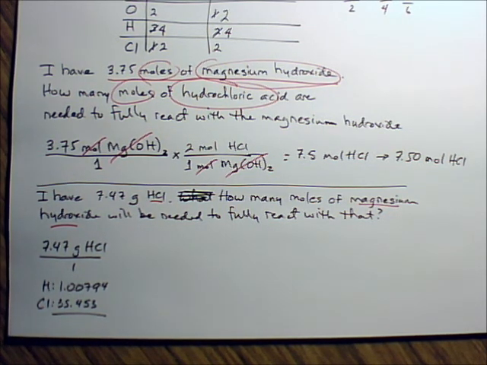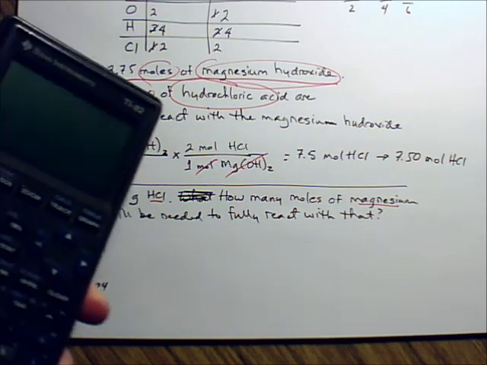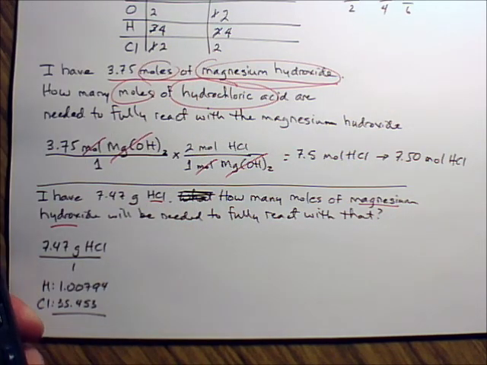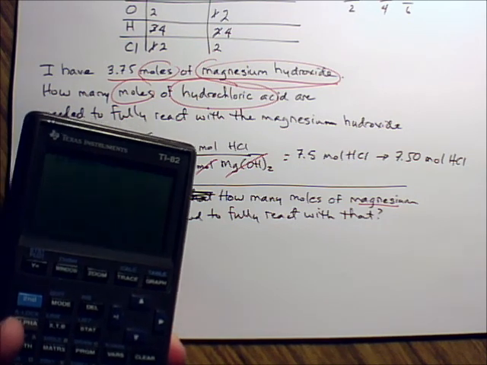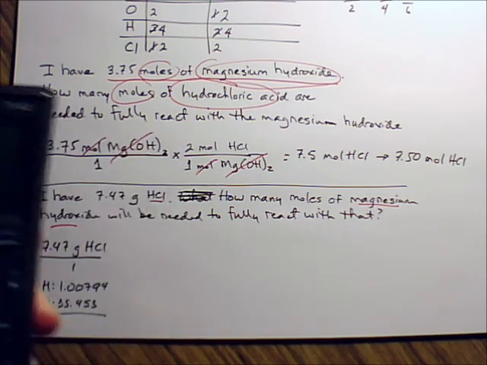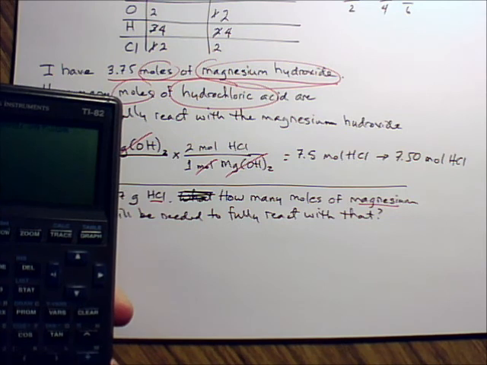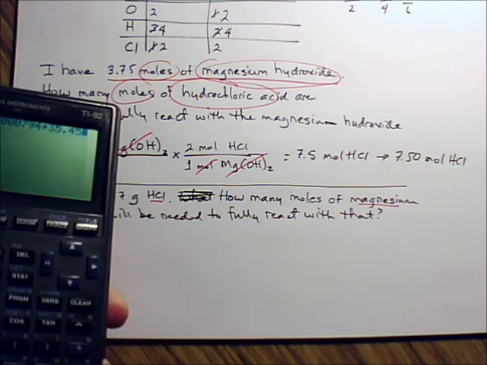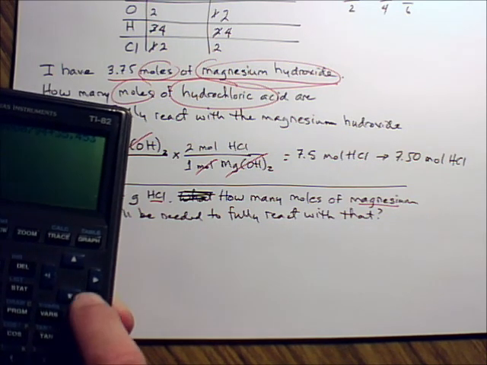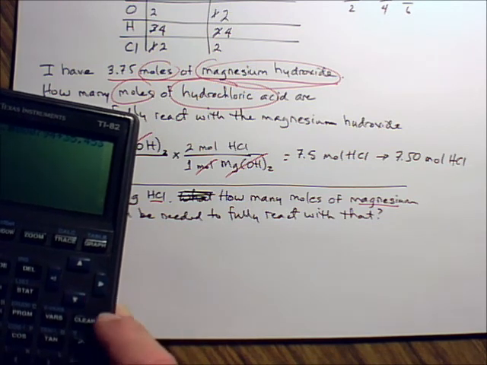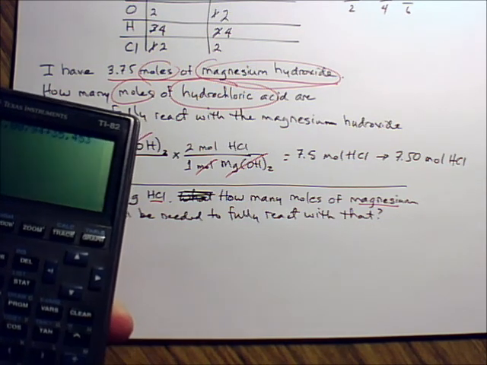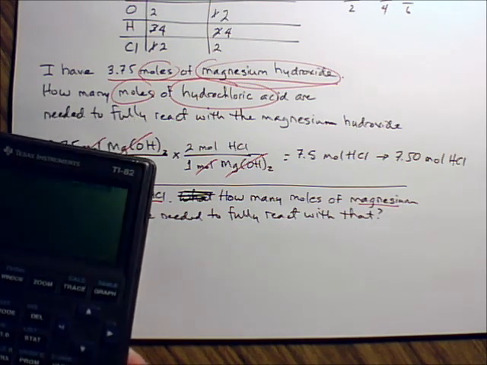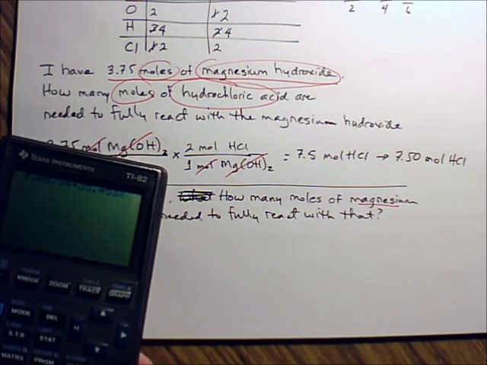All right. So let's see. 1.00794 plus 35.453. I got too many zeros up here. I'm not sure how I managed to do that. 1.00794, 35.453, okay.